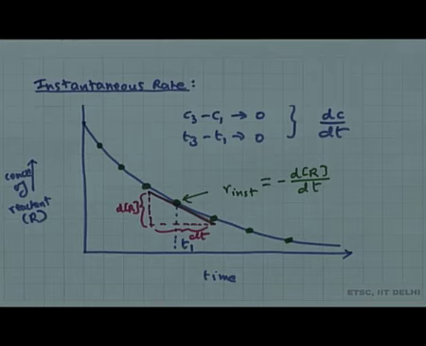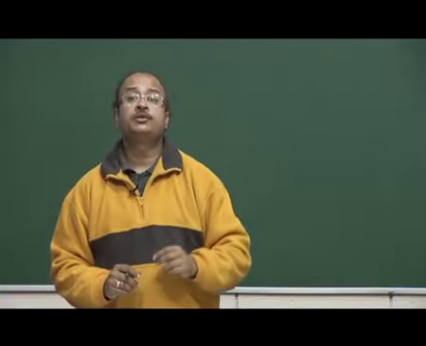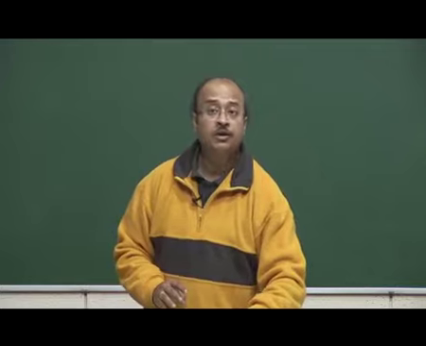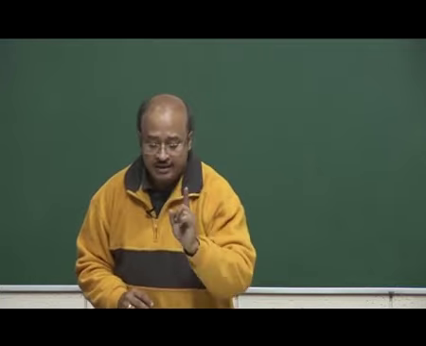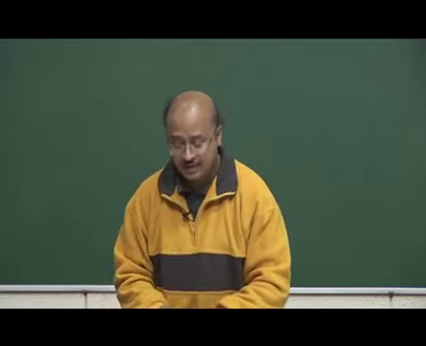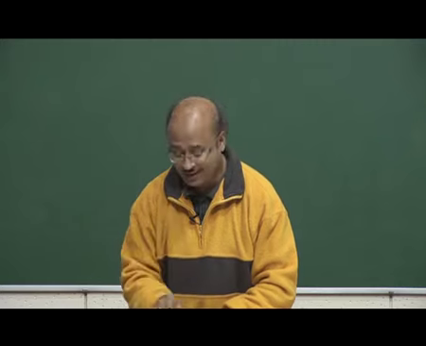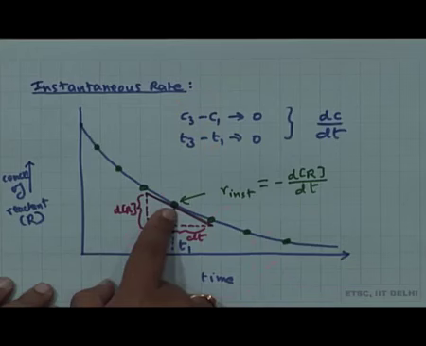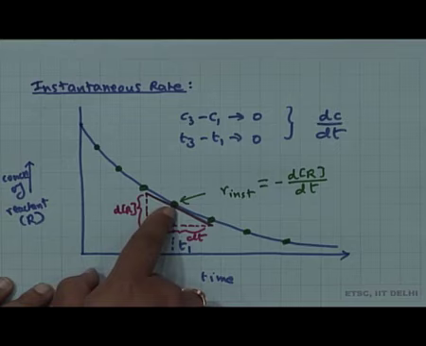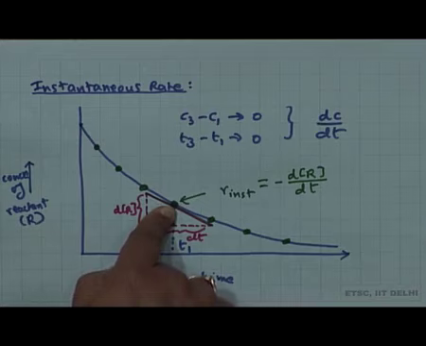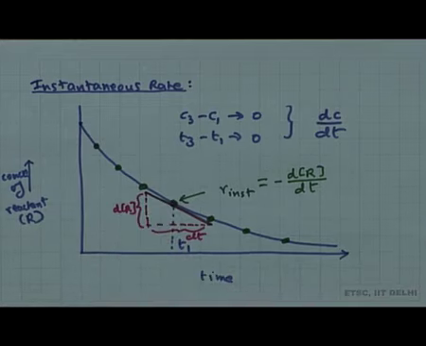Again, the negative sign has to be there because R being the reactant, the rate has to be a positive one. So, what is the instantaneous rate all about? The instantaneous rate is the slope of the tangent drawn at that point, the point where you want to find the instantaneous rate.